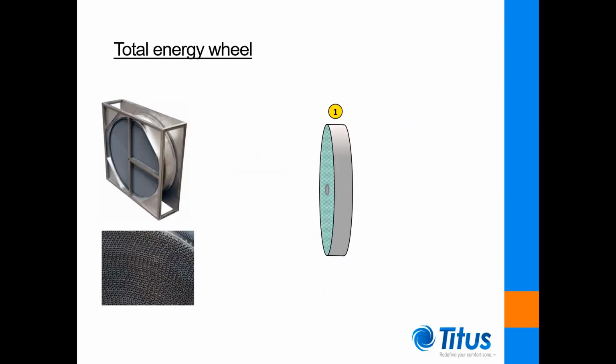Now let's review the process where a total energy wheel is utilized. A total energy wheel's membranes are coated with some type of desiccant like alumina or molecular sieves. These are referred to as hygroscopic chemicals. These coatings have inherent properties that allow them to transfer both sensible heat and moisture from the warmer outside airstream to the return air.